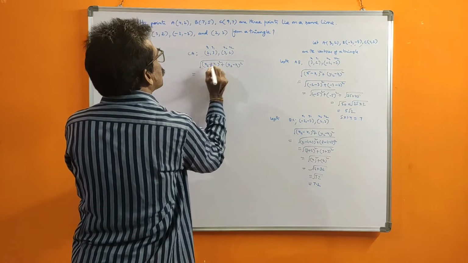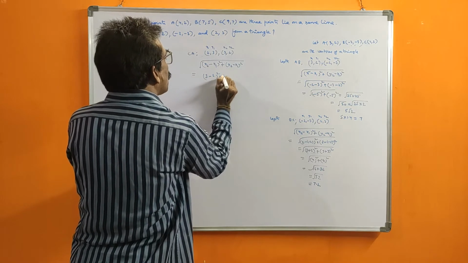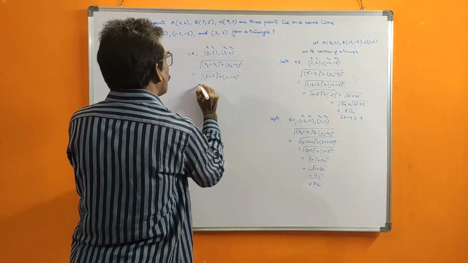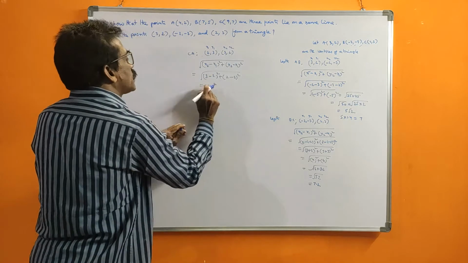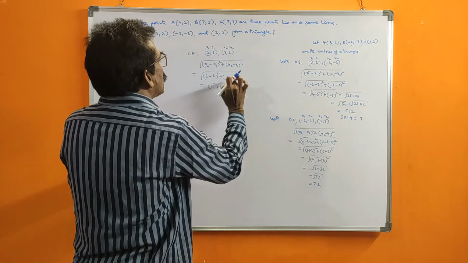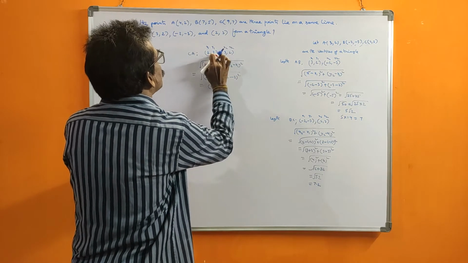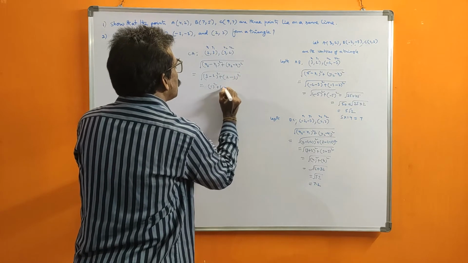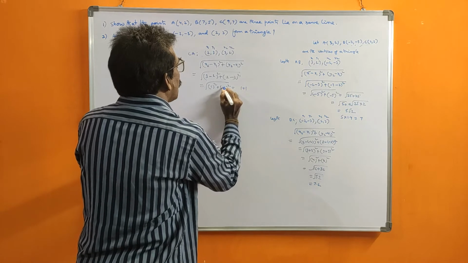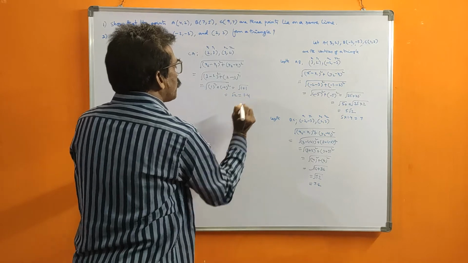That is x2 is 3 minus x1 is 2, whole square, plus y2 is 2 minus y1 is 3, whole square. 3 minus 2 is 1, so 1 whole square, and 2 minus 3 is minus 1, whole square. Now this one is 1 plus 1 because the square of minus 1 is 1, therefore root 2, this is 1.4 only.